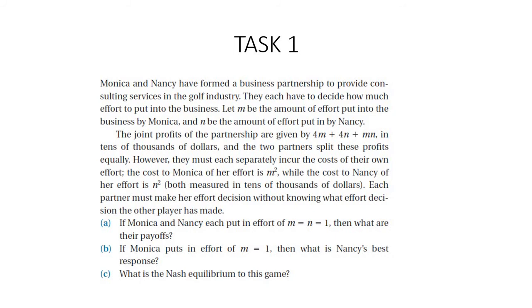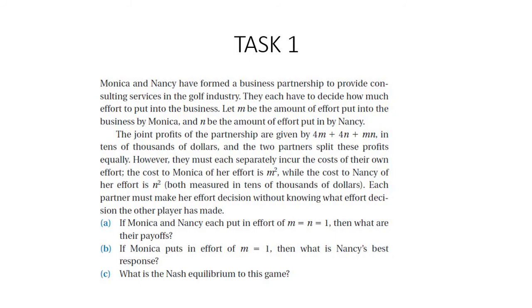However, they must each separately incur the costs of their own effort. The cost to Monica of her effort is M squared, while the cost to Nancy of her effort is N squared, both measured in tens of thousands of dollars. Each partner must make her effort decision without knowing what effort decision the other player has made.